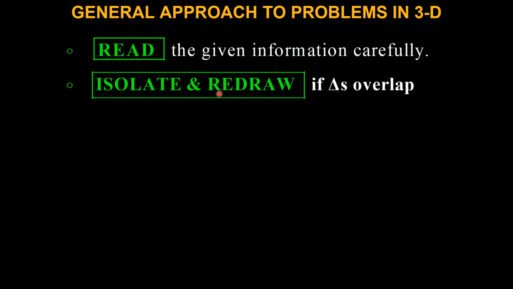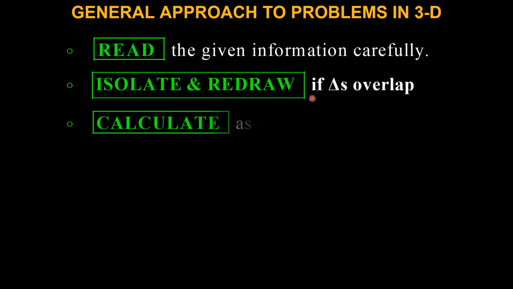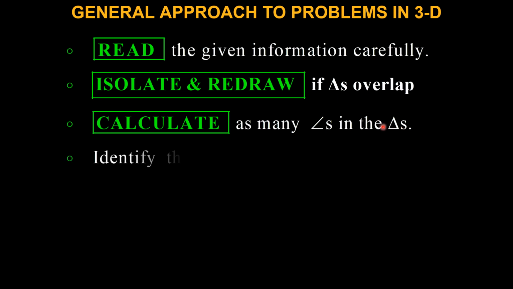It's best to isolate them, separate them, take them out, social distance them. So then it's much easier to use. Then in each of your triangles, make sure that you try to fill in as many angle measurements as possible. If there are 2 angles, just automatically work out the 3rd angle.